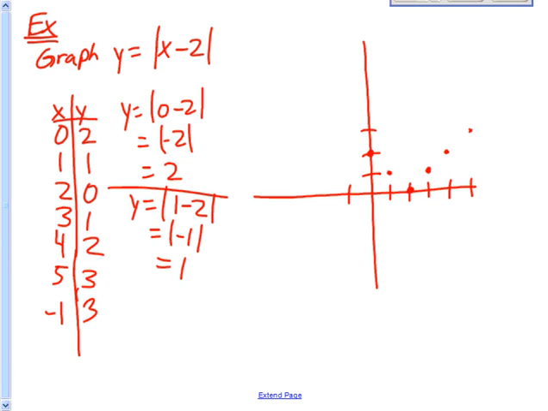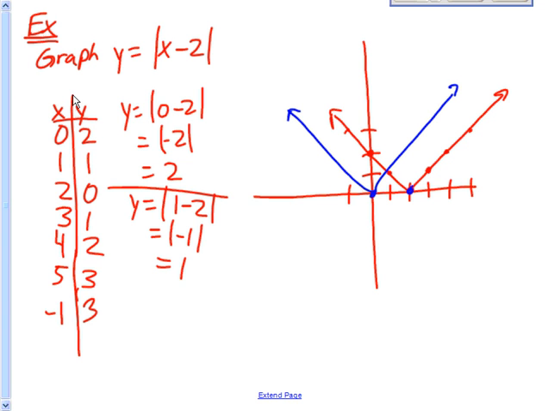So negative 1, 3. And you can kind of see, oh, there it is. So how did that compare to the original parent function? Oh, you say, well, it just moved that point over 2 spots, right?